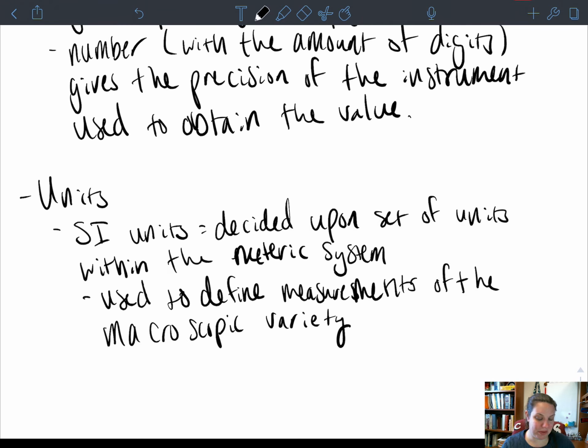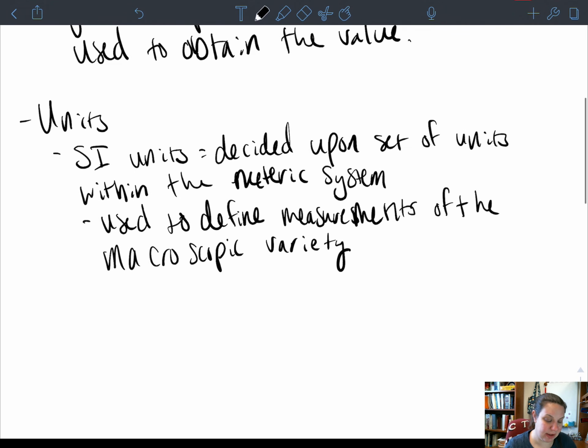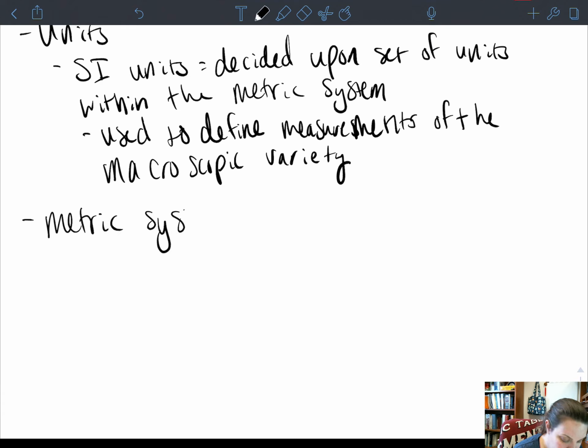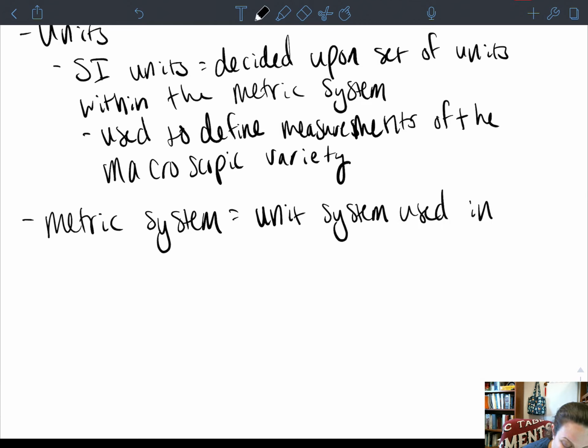And we'll go over the specific SI units we'll be looking at in class. But let's look a little bit more at our metric system, which I spelled incorrectly here. Let me try that again. Our metric system is the unit system used in sciences and by most of the world.